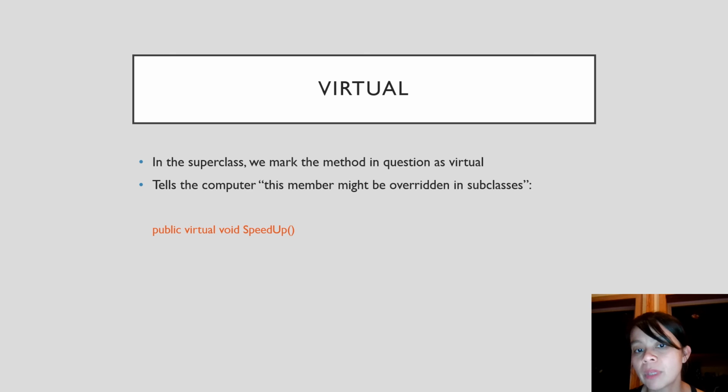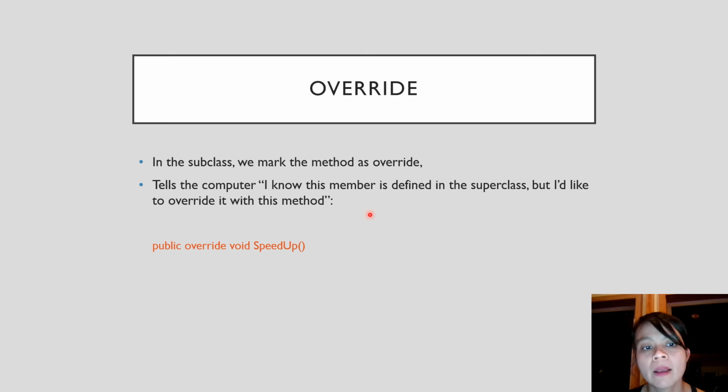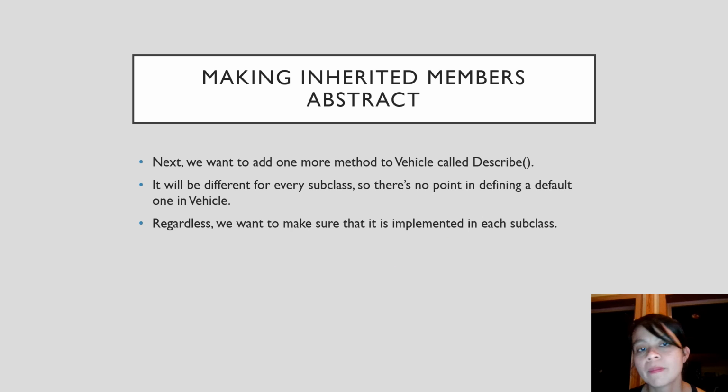So in the subclass, we mark the method as override. It tells the computer, I know this member is defined in the superclass already, but I'd like to override it with this method. So you put override in there.